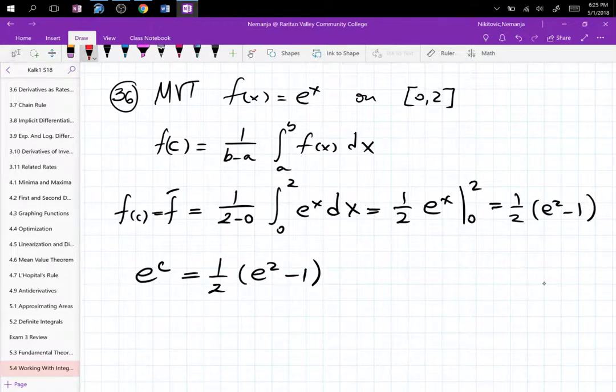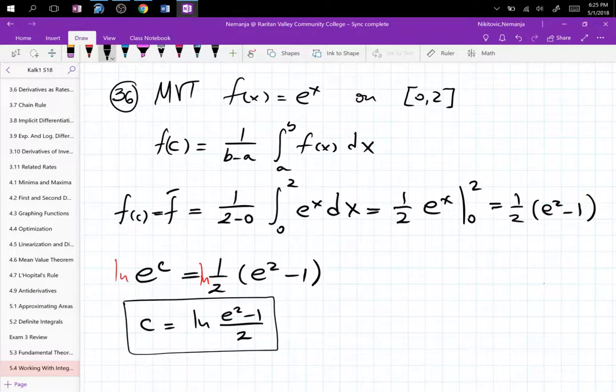You take ln of both sides to get rid of the e, and you get that c is equal to ln of e squared minus 1 over 2. Now you can punch this in a calculator and get the approximate value, but we don't care. The exact answer is just fine.